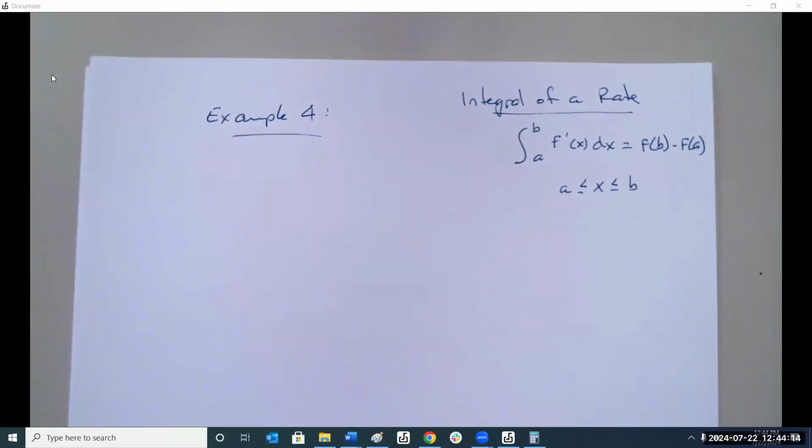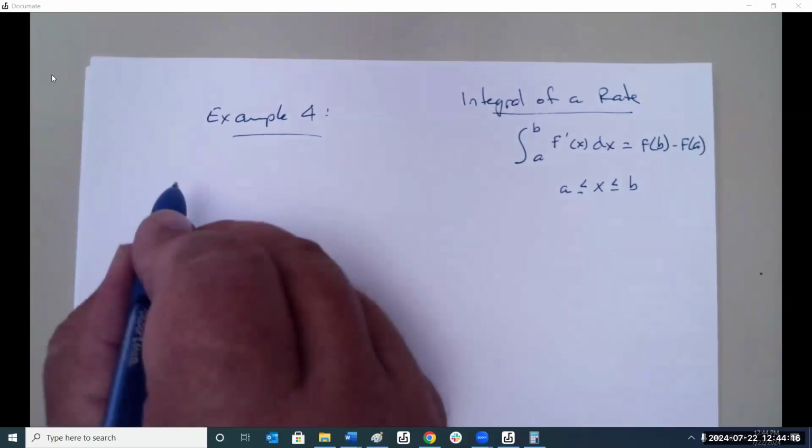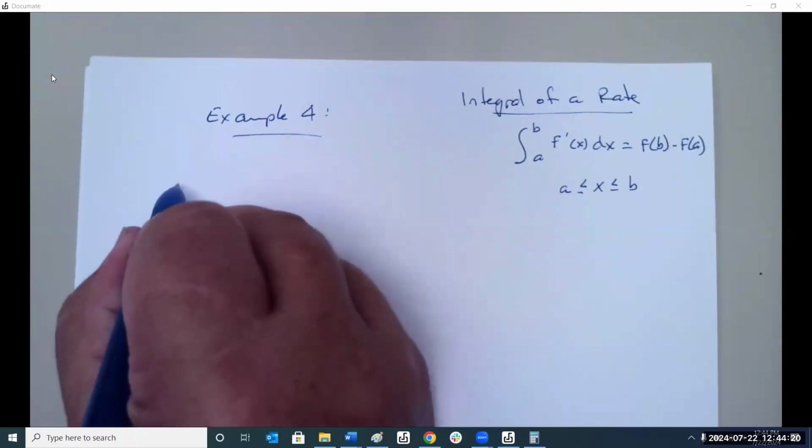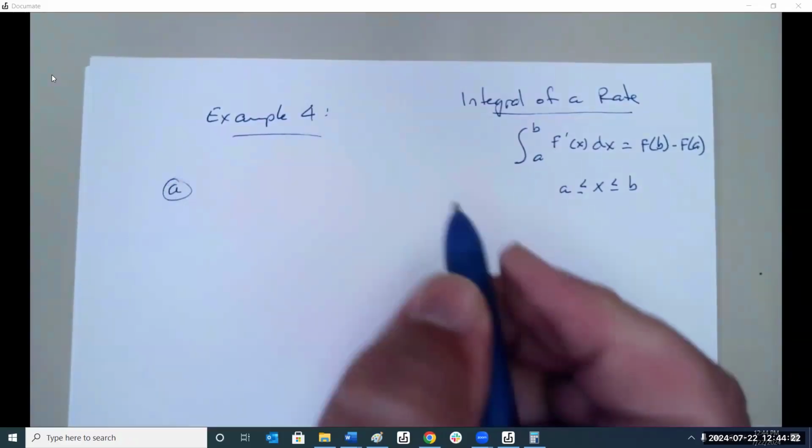Example 4. These are just interpretations of that theorem.